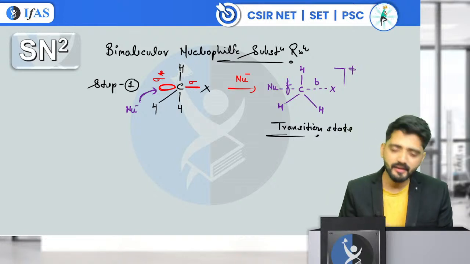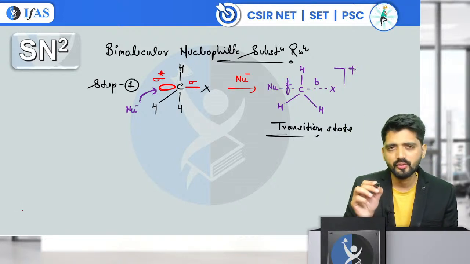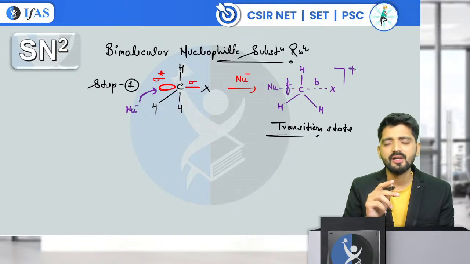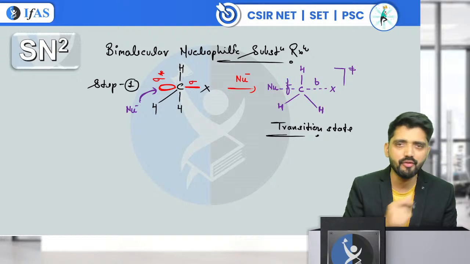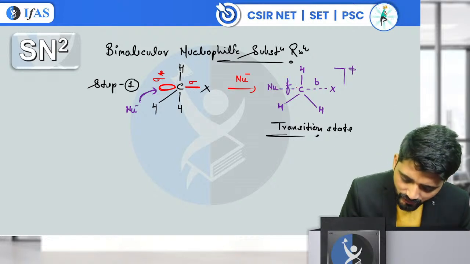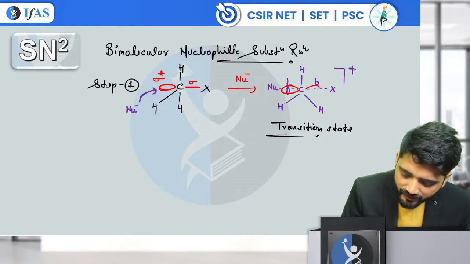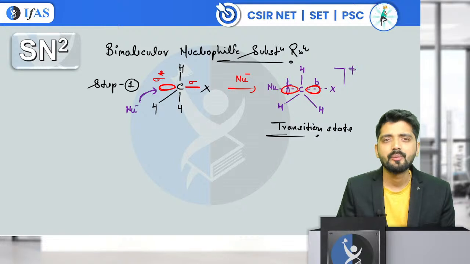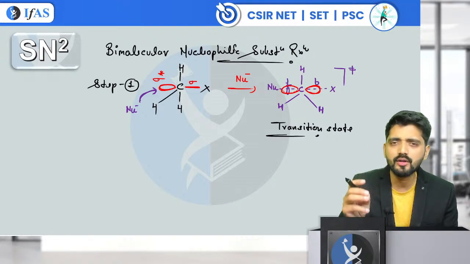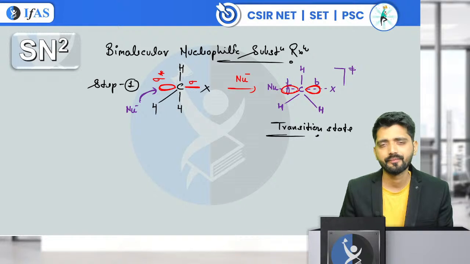See, the reality is, when we see the transition state, the bonds which are breaking and forming have not been completely broken and have not been completely formed. So we start to observe a kind of p orbital at this center and at this center. It means we do not consider these bonds to be real bonds in the transition state.